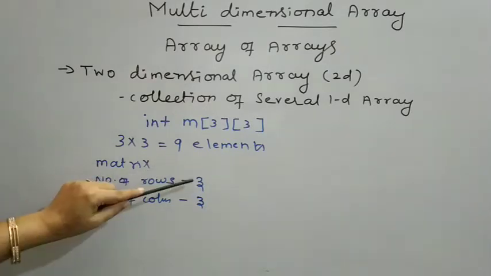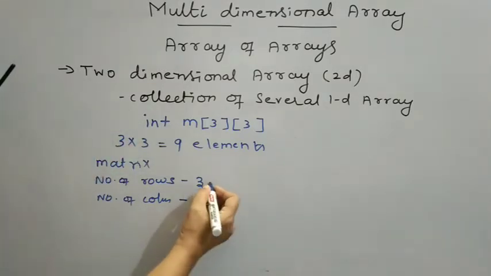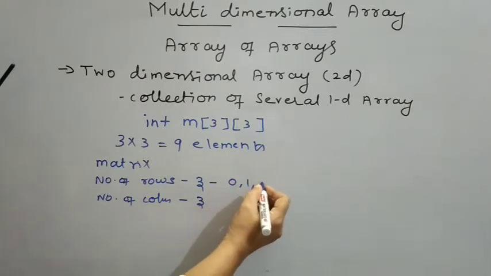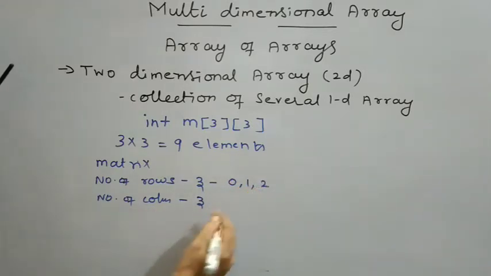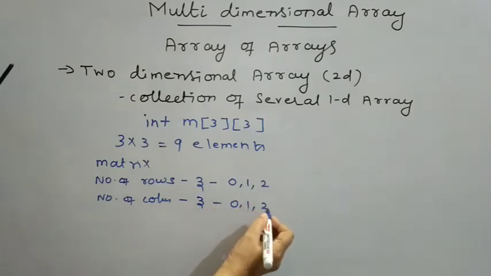At the maximum we can have 3 rows and 3 columns, so in this two-dimensional array we have 9 elements. The index positions of the 3 rows are 0, 1 and 2, and the index positions of the columns also range from 0 to 2.